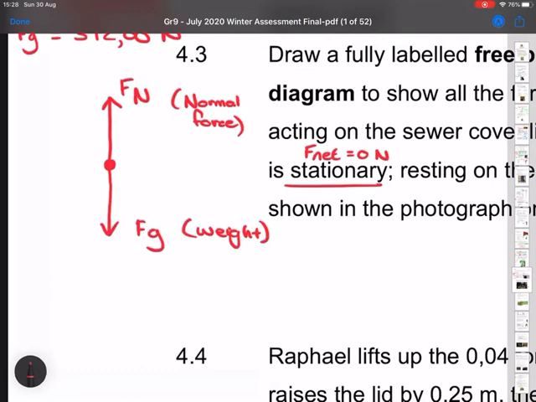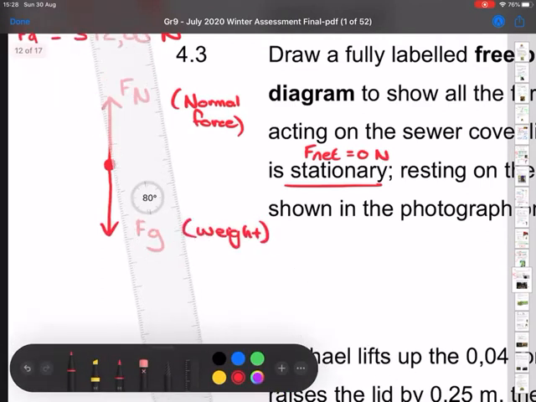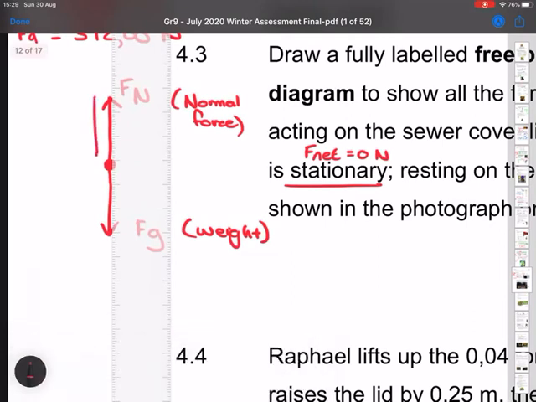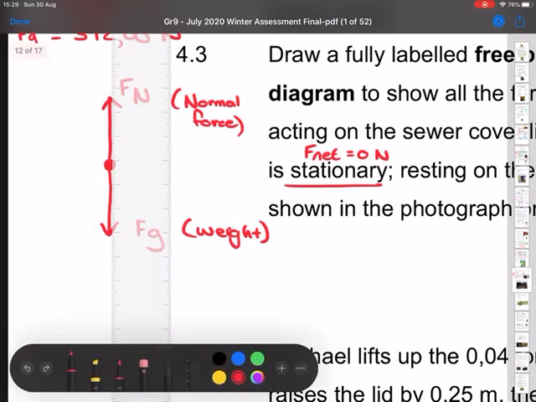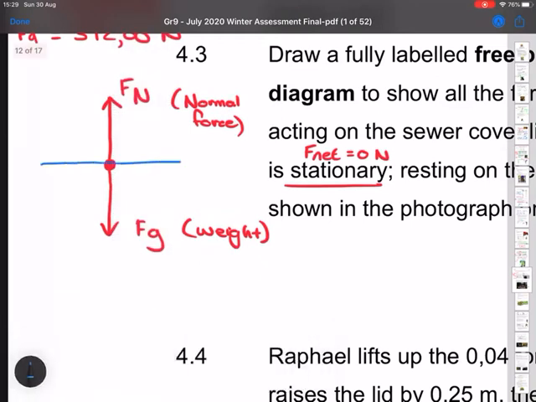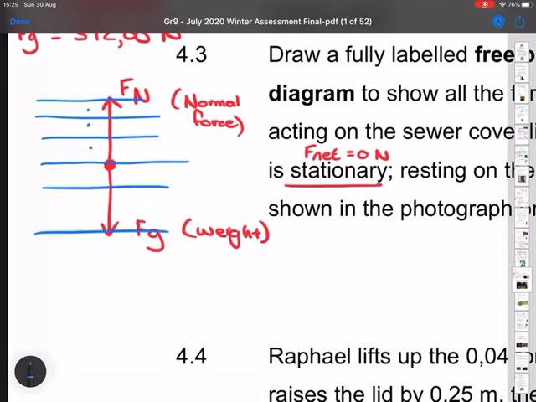The length of your arrows, I didn't really get a ruler out and measure, but the length of the up arrow should be equal to the length of the down arrow. So please make them look approximately equal. If you have got lines on your page, then do it so that your dot is on a line, and maybe do it so that the length of the up arrow is 3 lines long, 1, 2, 3, and the length of the down arrow is 3 lines long, 1, 2, 3.